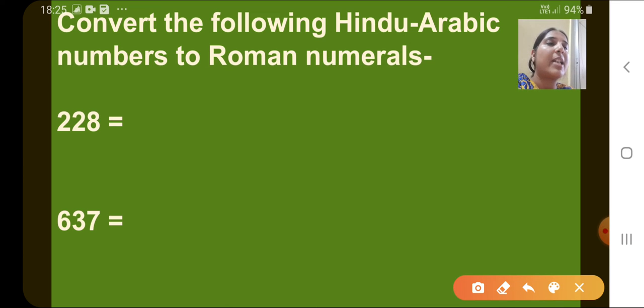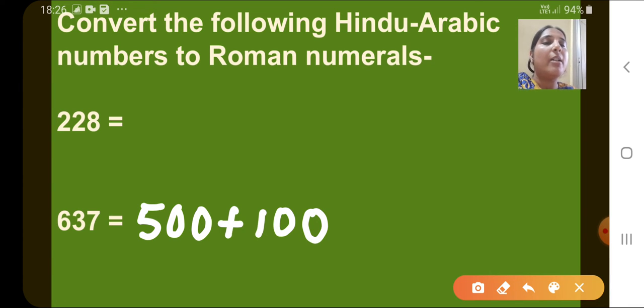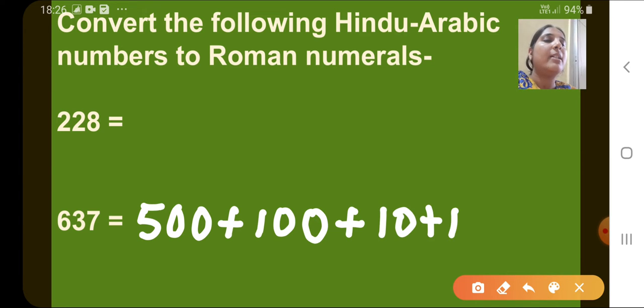First let's write the expanded form of 637. How can we write that? We can write it as 500 plus 100, that will be together 600, plus 37. Now for 37, how many times do we have to write 10? 3 times, plus 7.